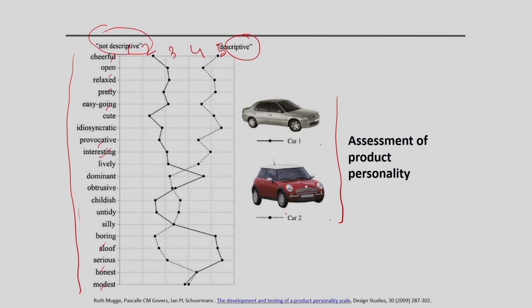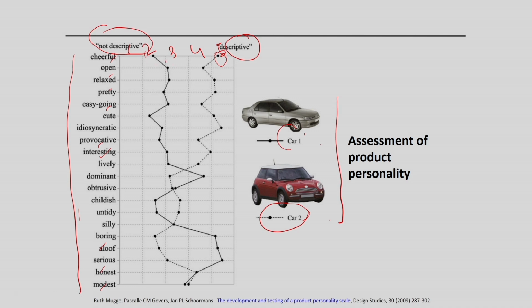Depending on the car design they have assigned ratings. For car 2, if you think of cheerful, this trait is more descriptive of car 2 than car 1. Car 1 has 2 and car 2 has 5.